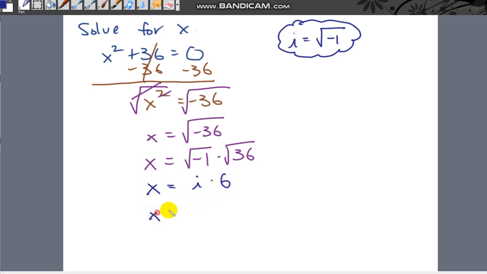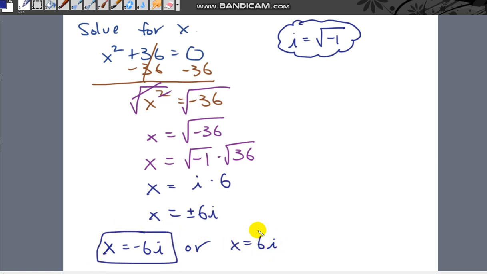When we simplify, you would write this as 6i. Every time you take a square root of something, you want to consider both the positive and negative solutions. So x equals negative 6i or x equals positive 6i. These represent our two imaginary solutions to this particular example.